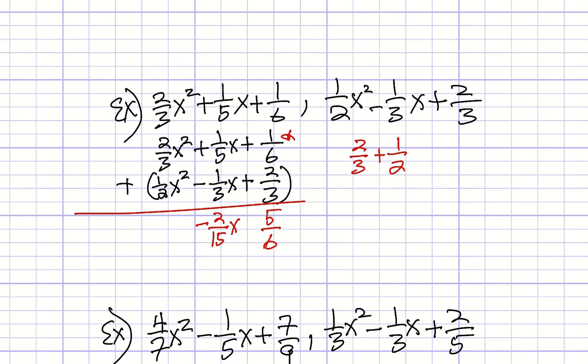The denominators both have to be 6. So we do 2 over 2, which changes nothing, and 3 over 3, which changes nothing. We get 4 over 6 plus 3 over 6, which is the same thing as 7 over 6. You see that, right?